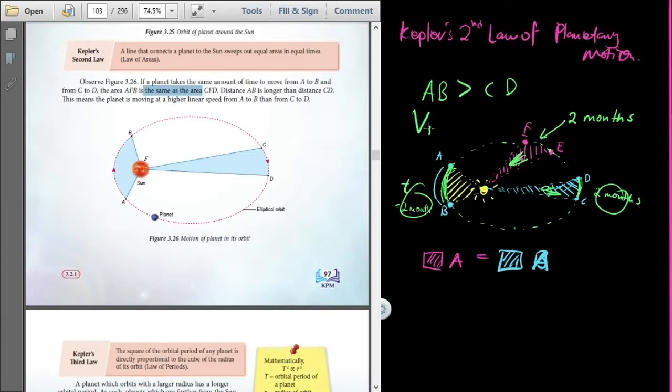So the speed at AB will of course be larger than the speed at CD. CD is only a small distance but takes the same amount of time, so when it is here, it moves at a slower speed.